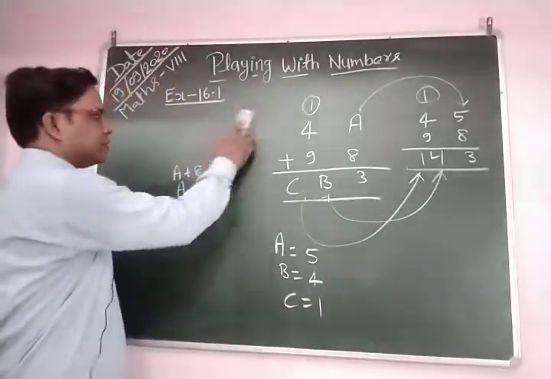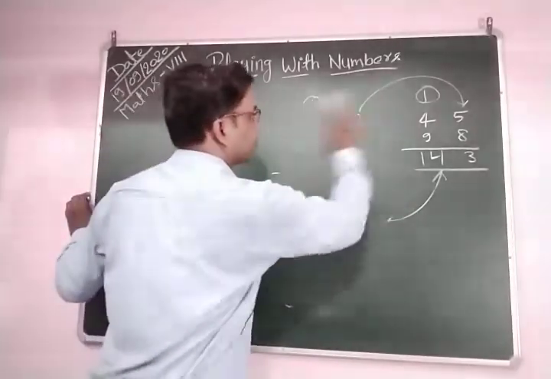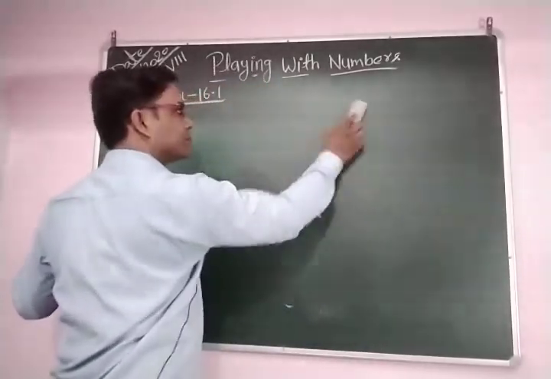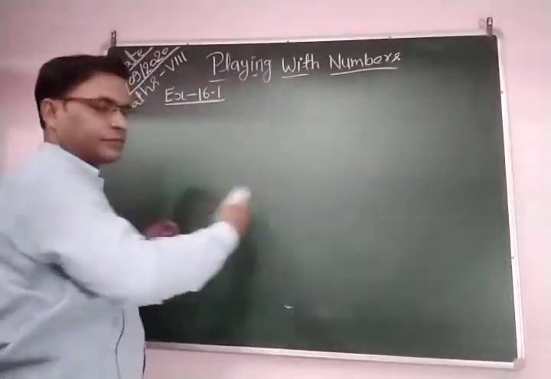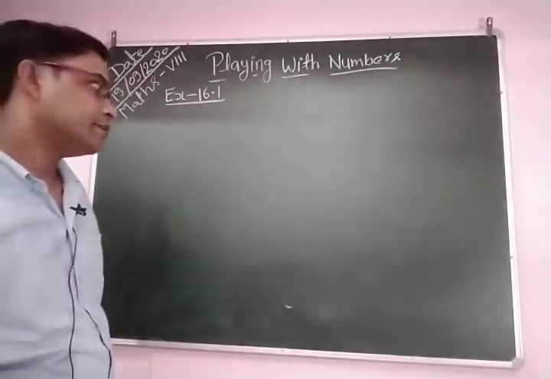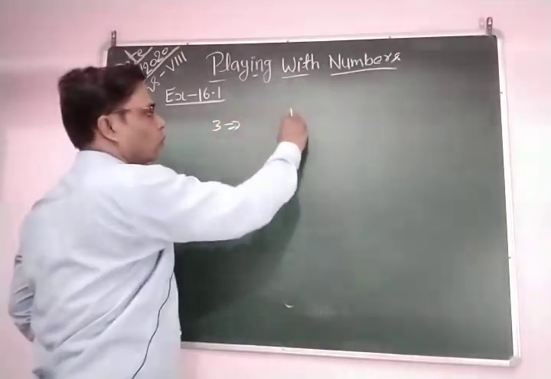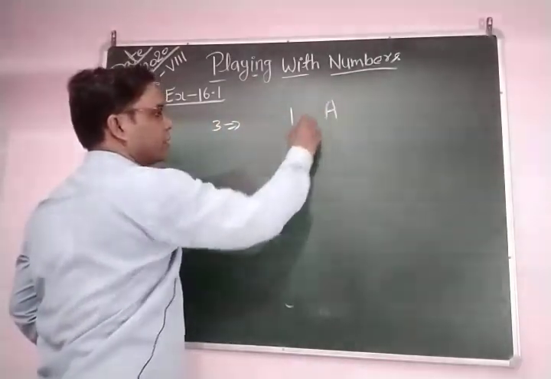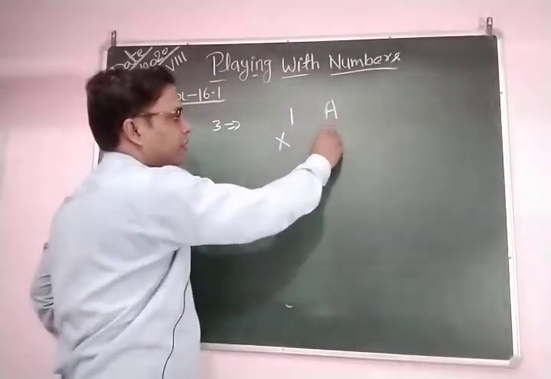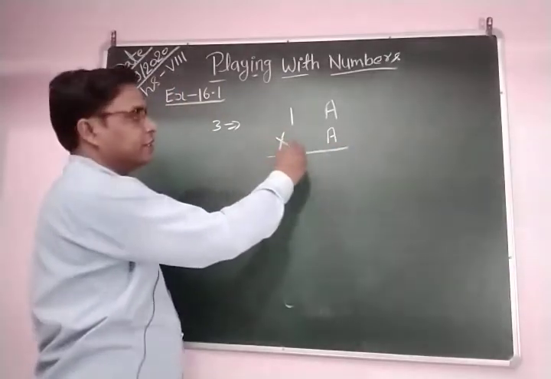Question number 3 is this: 1A multiplied by A, and the result is 9A.